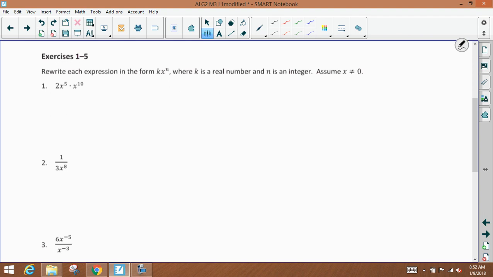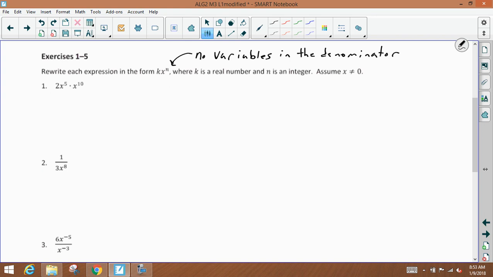What this means, it's a strange way of saying, hey, no variables in the denominator. In other words, if you have 1 over x, they want you to write that as x to the negative 1. That's what these instructions are.